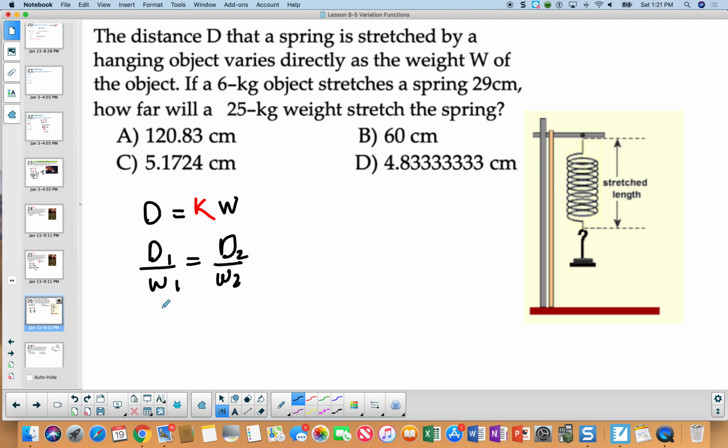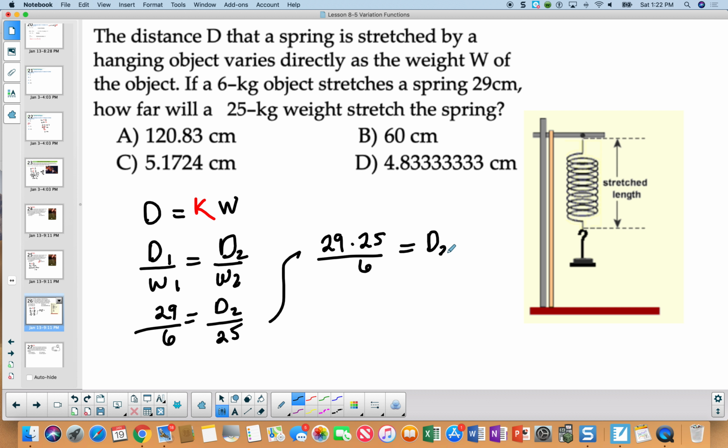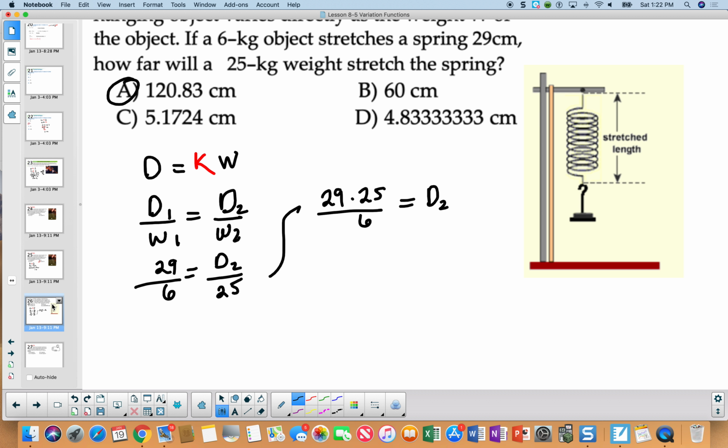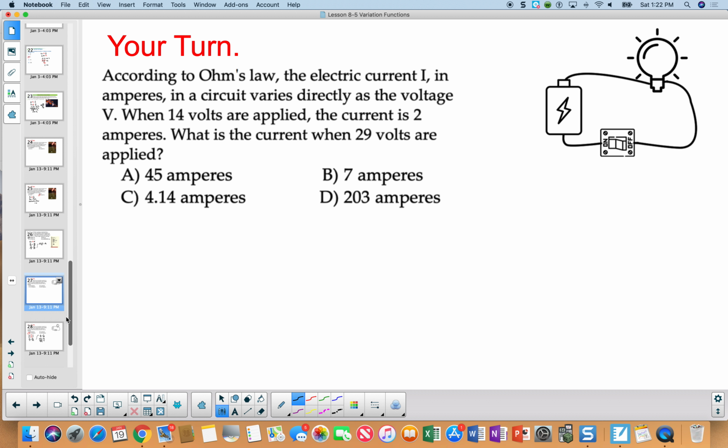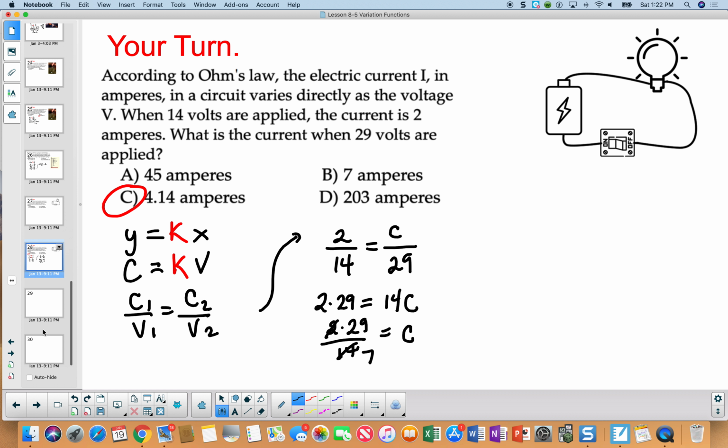So the distance is 29 over the weight is 6 equals, and then I want this distance, and then 25 here. So this is going to be 29 times 25 all over 6 is equal to d2. And when you put this in the calculator, that answer should be A. Your turn. And here's the answer.